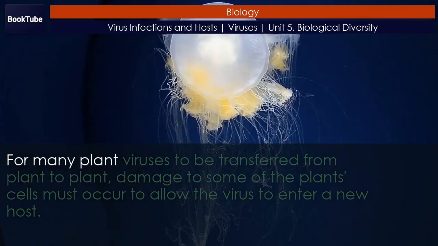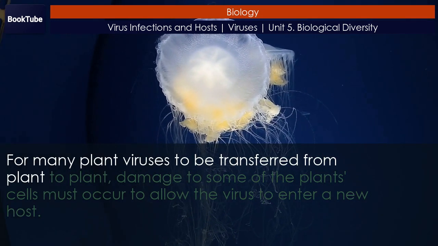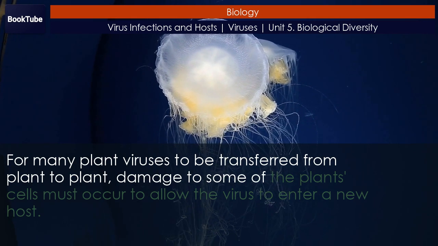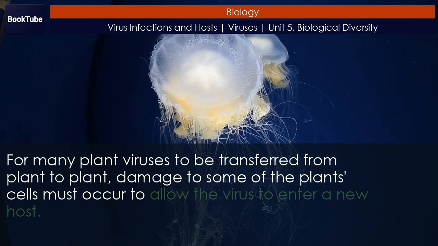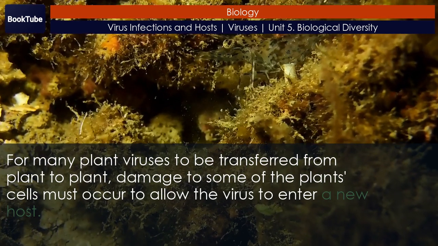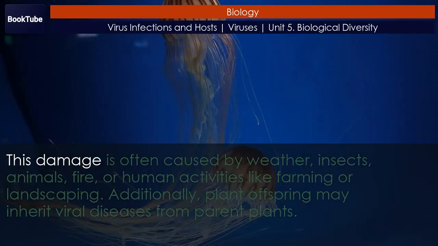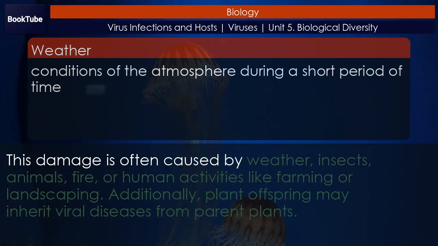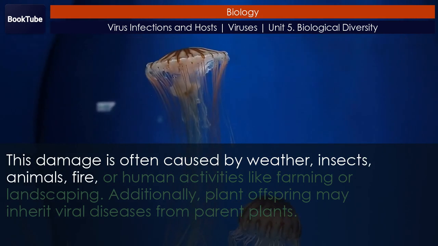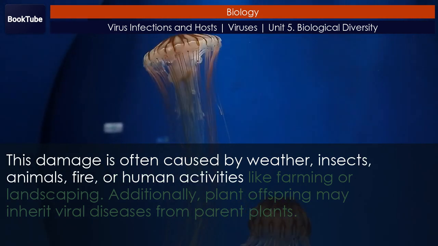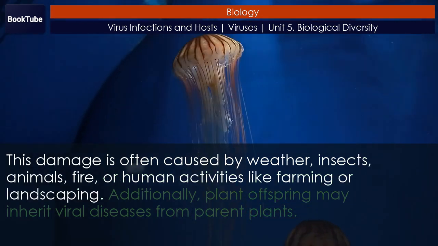For many plant viruses to be transferred from plant to plant, damage to some of the plant's cells must occur to allow the virus to enter a new host. This damage is often caused by weather, insects, animals, fire, or human activities like farming or landscaping.